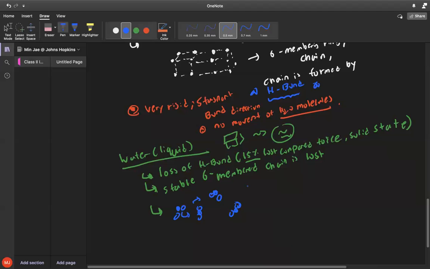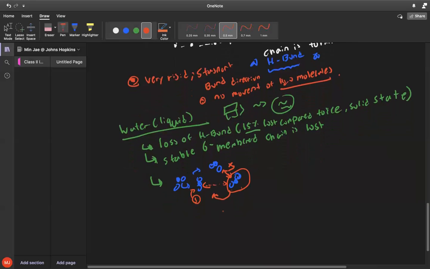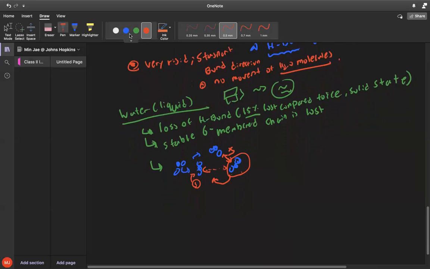At one time point this water molecule can form a hydrogen bond with this one, and at a second time point it can get closer to this other water molecule, start to form a new hydrogen bond and break the old one. So there's a lot of interchangeability in the hydrogen bond, not only in strength but also in direction, or the number of hydrogen bonds, across different time points.